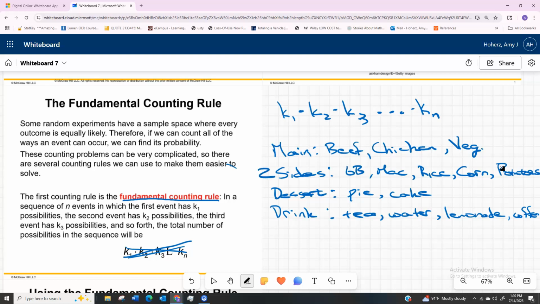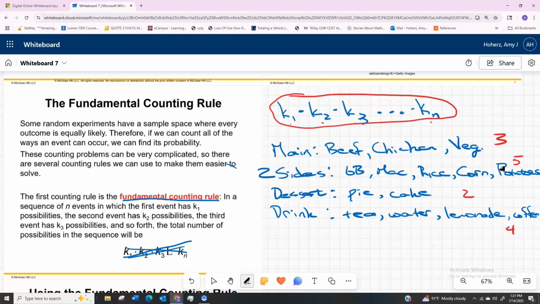Well, if we look at each item, out of the mains you have 3 things you can pick. Out of the sides, you have 5. Out of the desserts, you have 2, and out of the drinks, you have 4. So we multiply how many ways you can do the first thing times how many ways you can do the second, all the way up to the last thing.